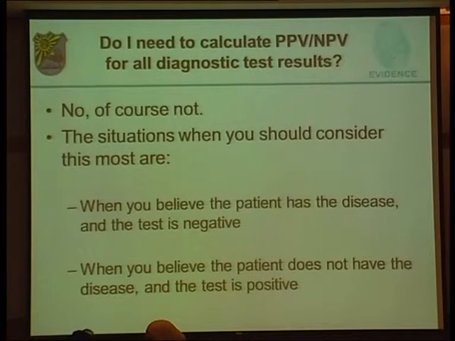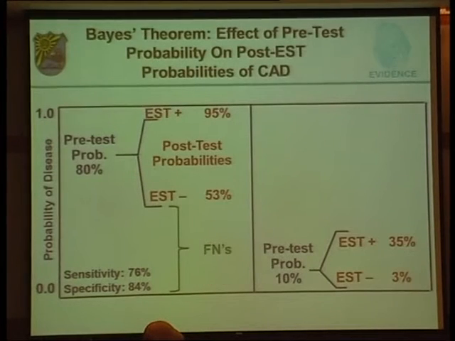The same thing applies when you are sure the patient does not have the disease, they don't look like they have the disease, and somehow a test is sent and it comes back positive. Those are the situations in which you ought to run these numbers, and go to that website and just check it. You don't want the false negatives and the false positives to make a fool of you as a physician.